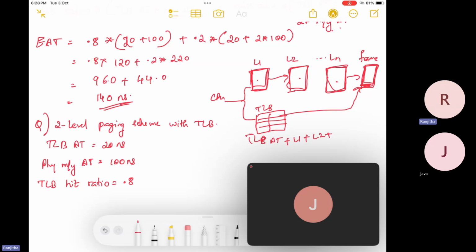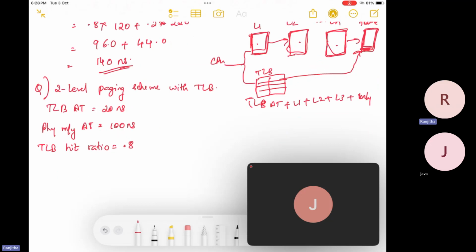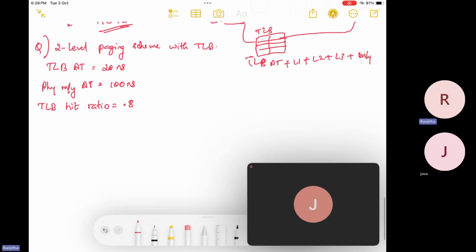Then the L3, and then we will have the actual memory access. So if I take 3 levels of multi-level paging, this is 1, 2, 3, then the actual memory access. So we have 4 memory accesses in case of 3-level paging.